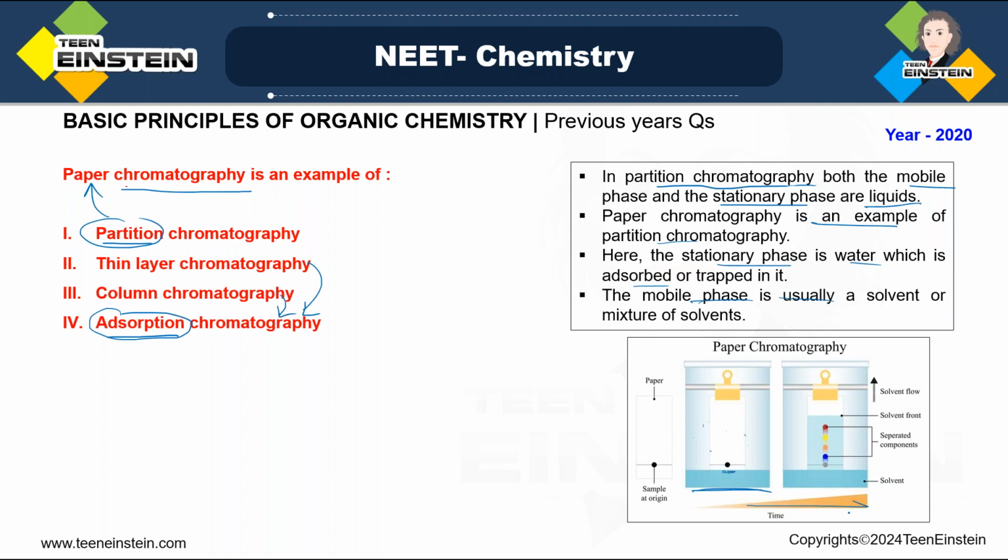Now with increase in time, gradually there will be separation. At first glance it seems to be a single compound, but actually it is now separated into several components. The solvent front is somewhere here. This is the solvent where we have dipped the paper with the help of this clip. So the correct option will be partition chromatography. Fine.